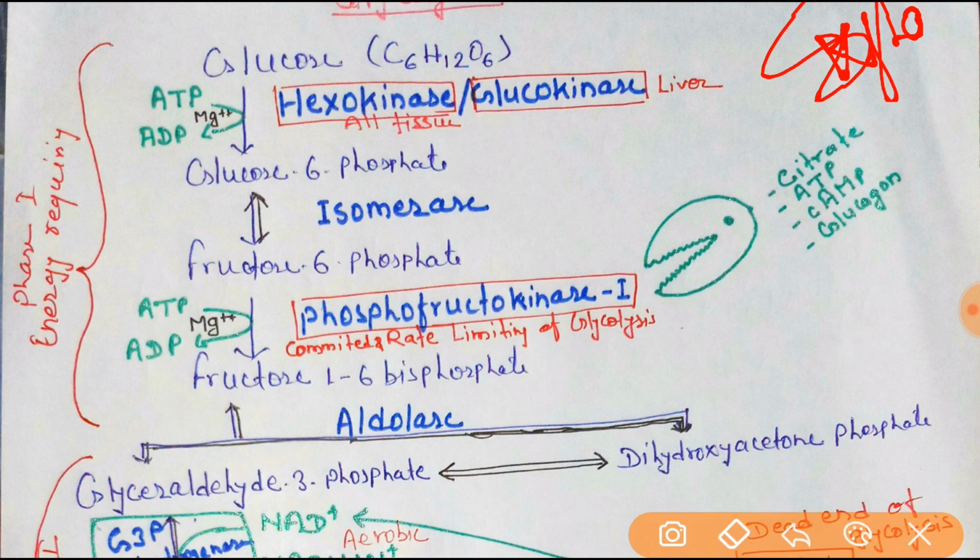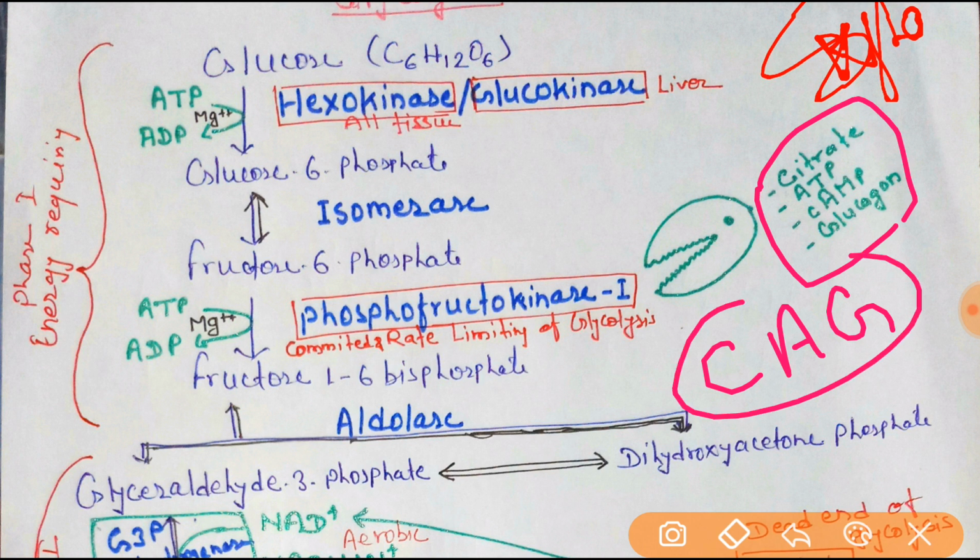Four things you have to remember: C A G, CAG. C stands for citrate and cAMP, A stands for ATP and G for glucagon. These four things inhibit phosphofructokinase, that means inhibitors of glycolysis at the stage of phosphofructokinase 1.